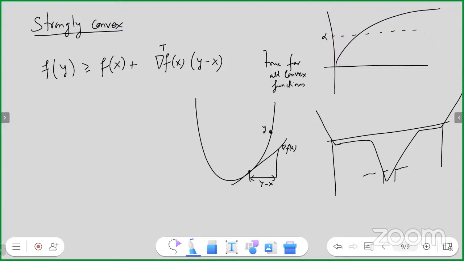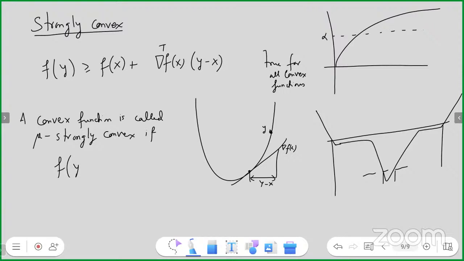I'm going to add something to this, so I'm going to strengthen this inequality. A convex function is called mu strongly convex if f of y is as it is, no change, plus gradient of f of x times y minus x, plus this new extra term, which is positive: mu by 2, with mu greater than 0, times y minus x, squared.